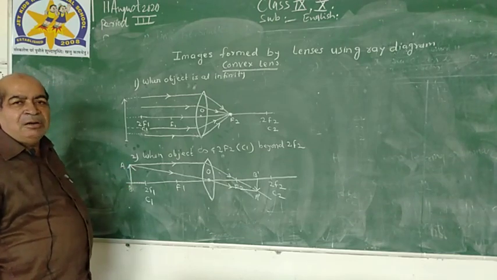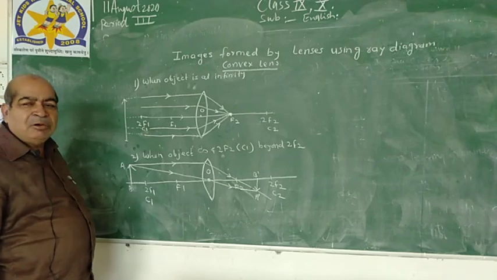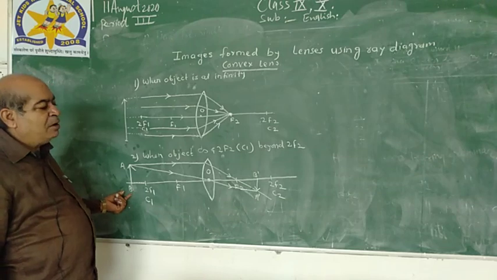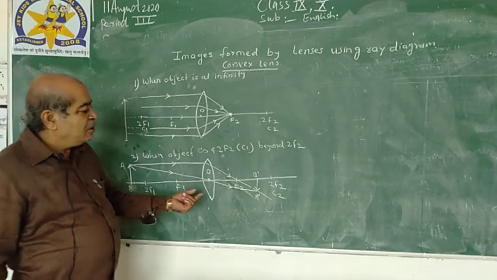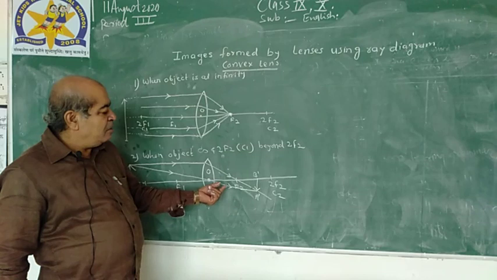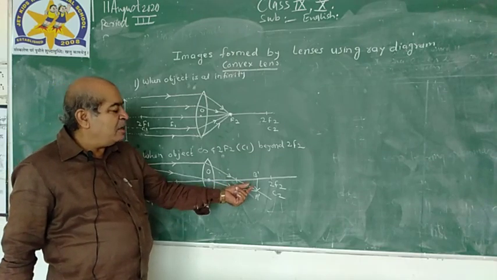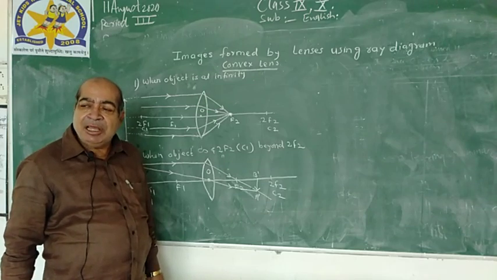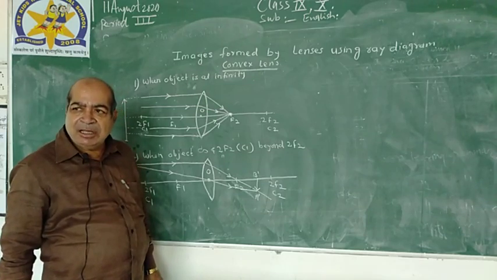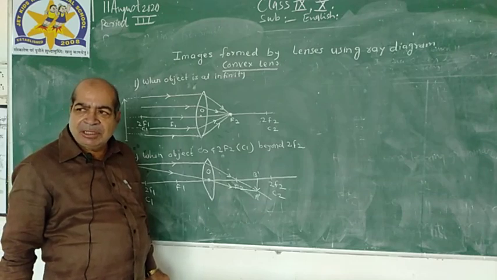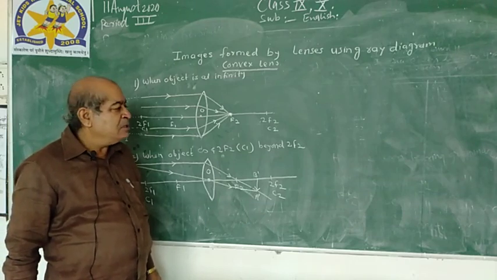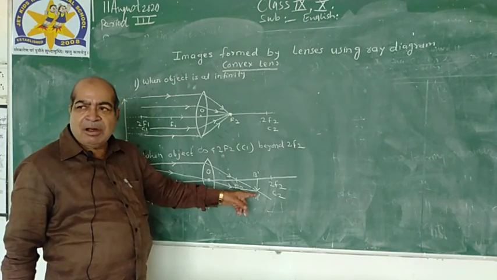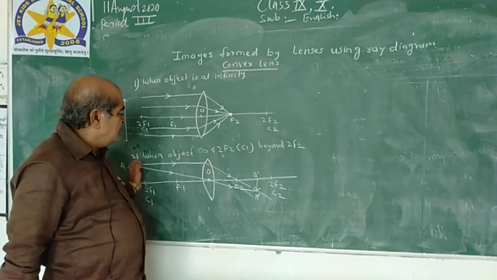Thus the second point is: what is the position of the image when the object is beyond twice F1? The position of the image is between F2 and twice F2. The image is diminished, meaning small in size as compared to the object, and the image is real and inverted.